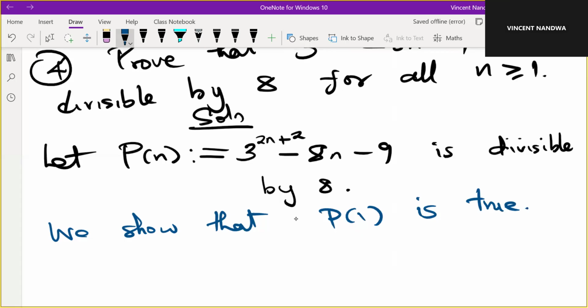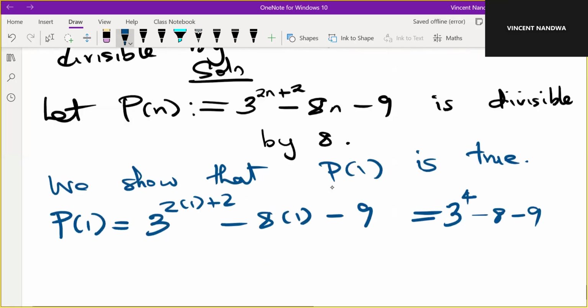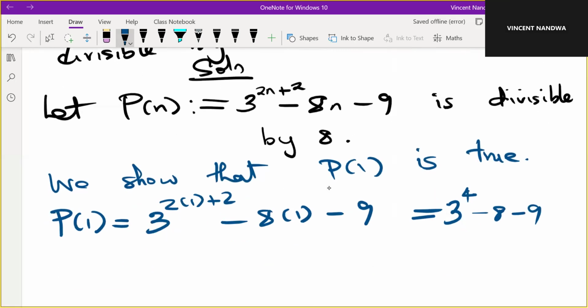So P(1) will be 3 raised to the power 2 times 1 plus 2, minus 8 times 1, minus 9. What is 2 times 1 plus 2? 4. So it'll be 3^4. 8 times 1? 8, then minus 9. First, what is 3^4? 81. So I'll have 81 minus 8 minus 9.